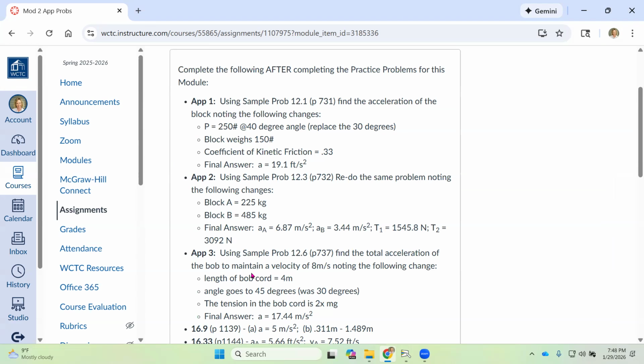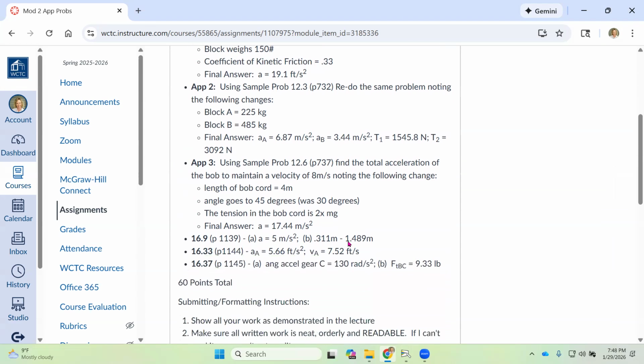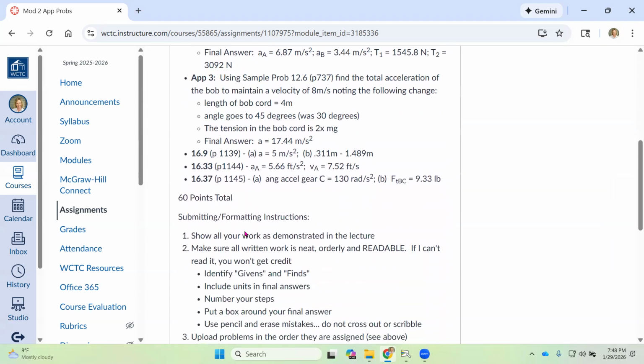Those 3 you will complete based on the information here, and we went over those the last time. The 3 that you're going to do in chapter 16 are listed here at the bottom: 16.9, 16.33, and 37. Now the final answers are here for you.